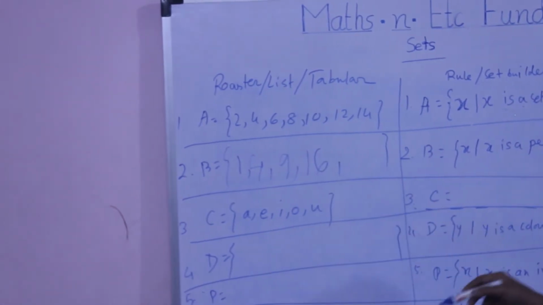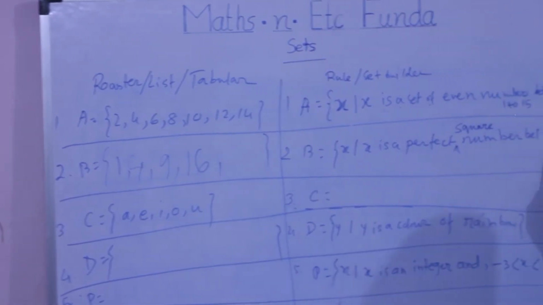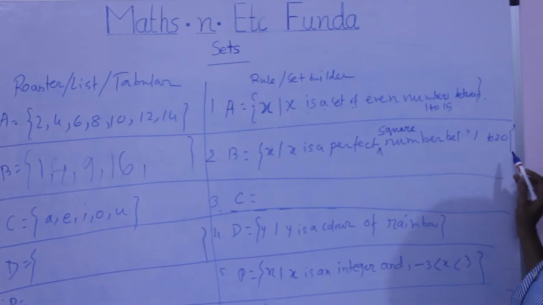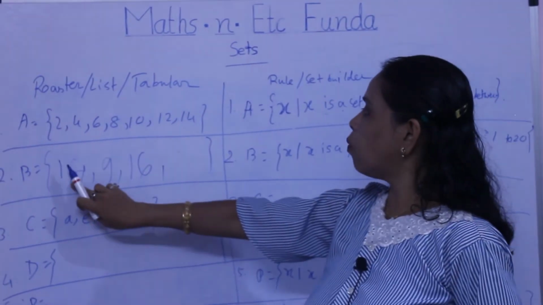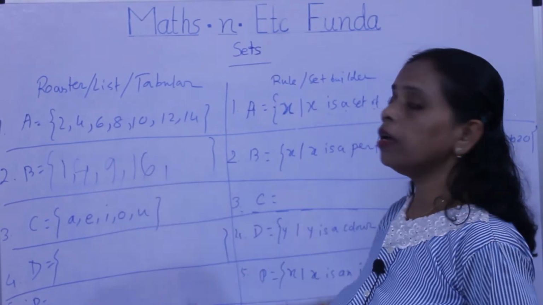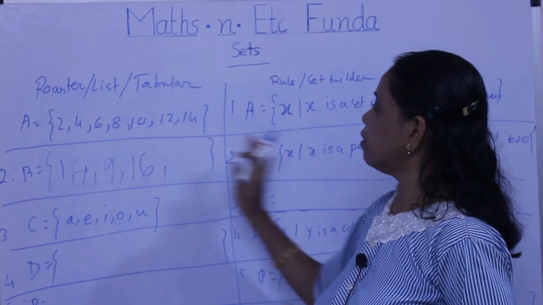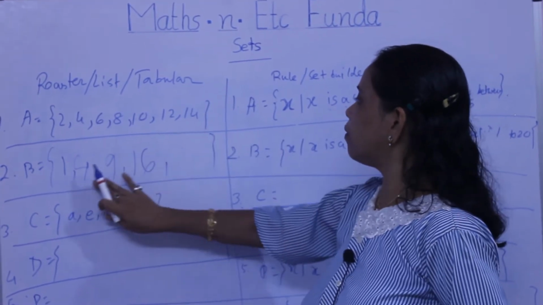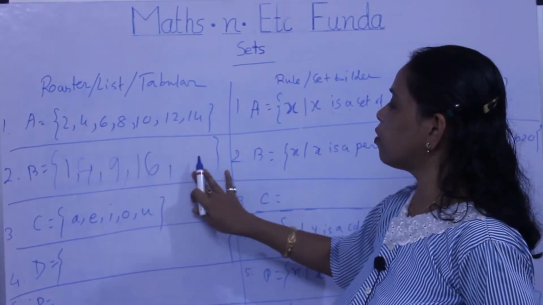Next, 5 square is 25, but it is not between 1 to 20, so we cannot take it. So it is also a finite set. 1, 4, 9, 16: 4 elements are here. So set B in tabular form will be like this, with 1, 4, 9, 16 as the elements.